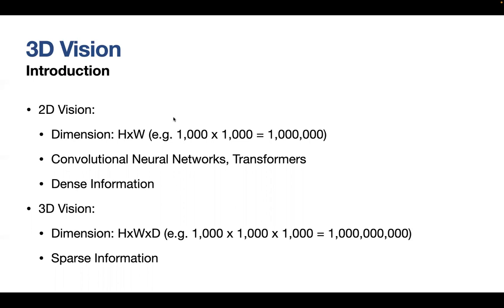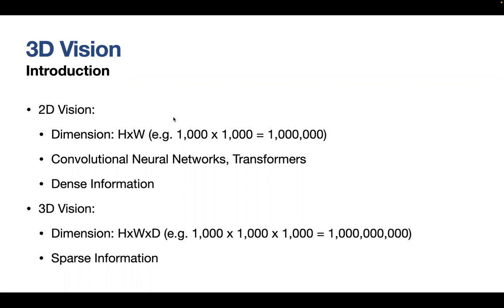This representation also makes it possible to use very efficient and successful neural networks, such as convolutional neural networks or transformers. We have seen quite a lot of accomplishments from both of these, and every day we see one convolutional neural network outperforming a transformer, and that transformer outperforming a convolutional neural network.